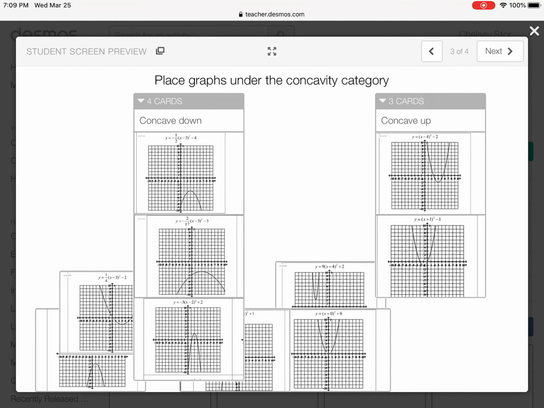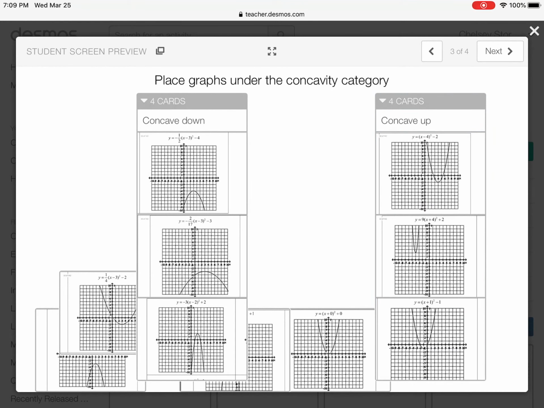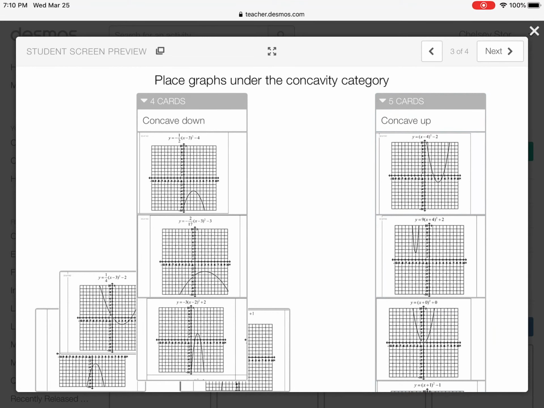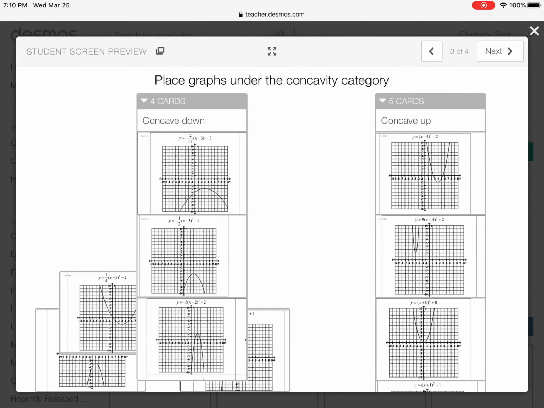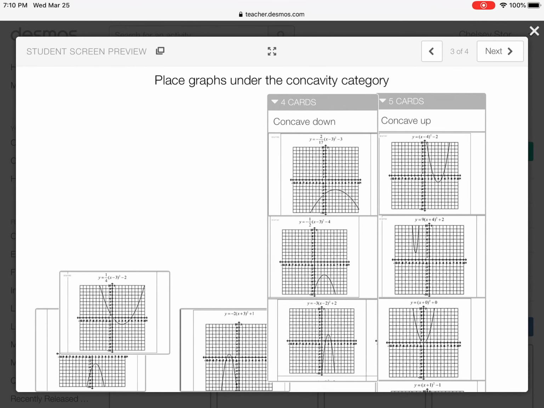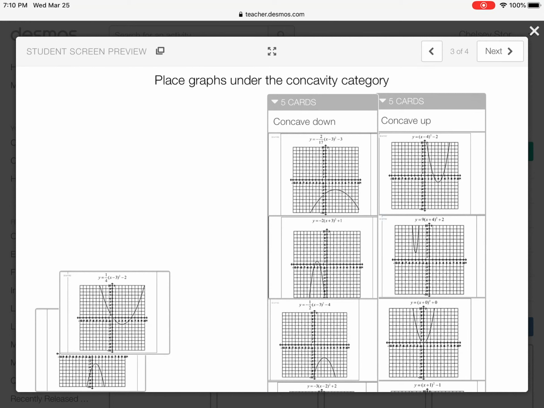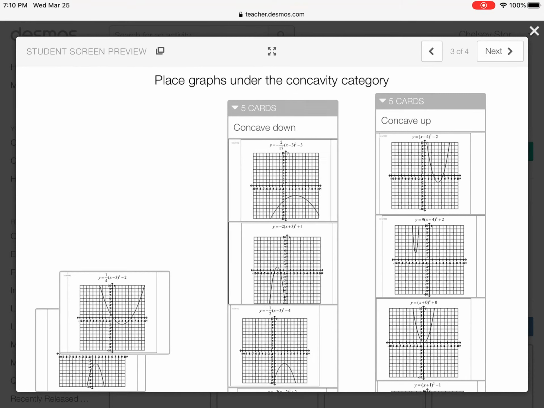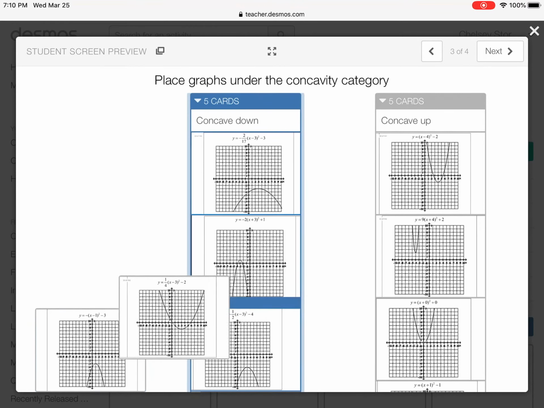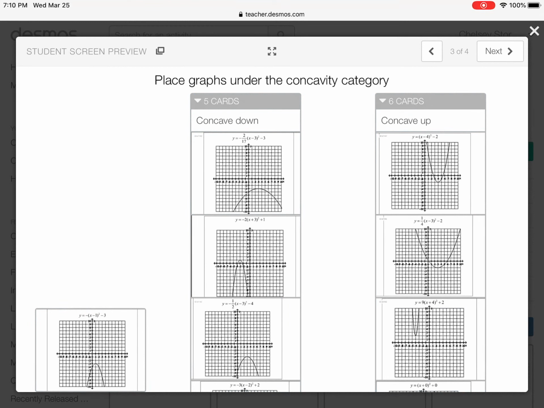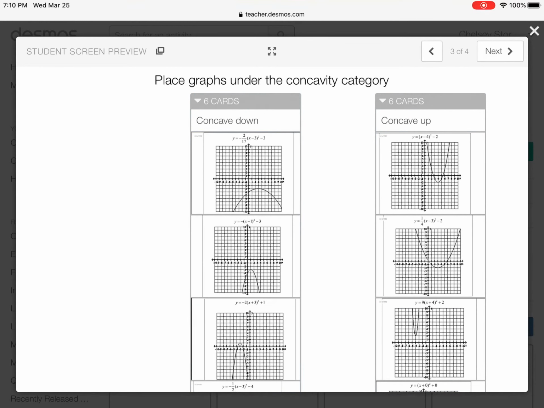That's a down. That's an up. That's an up. It's okay that I can't see them. As long as I place them in the right place, it's going to be okay. That's a down. That's an up. That's a down.